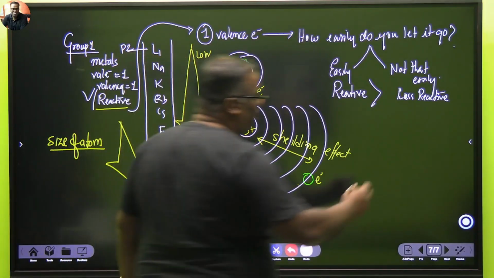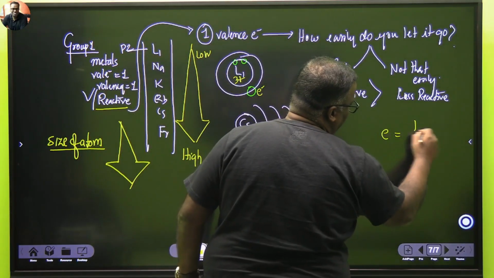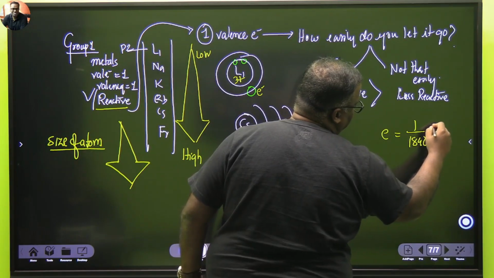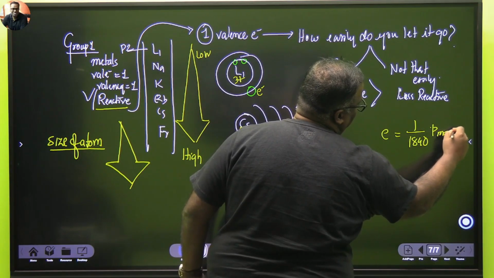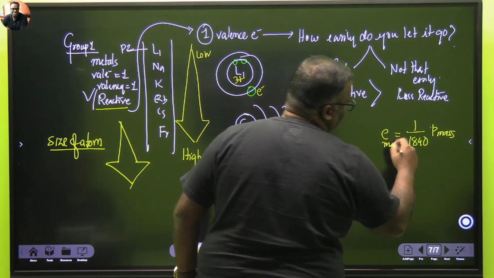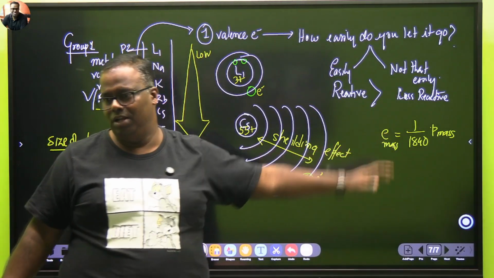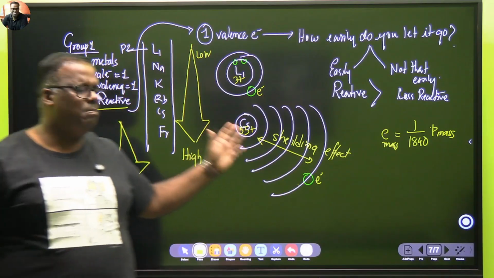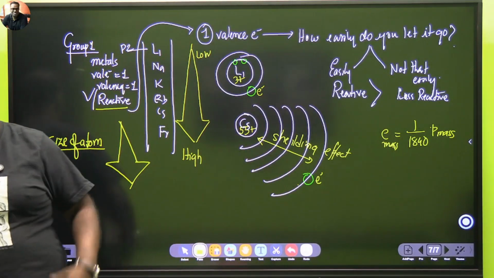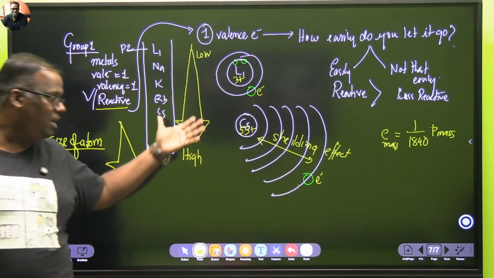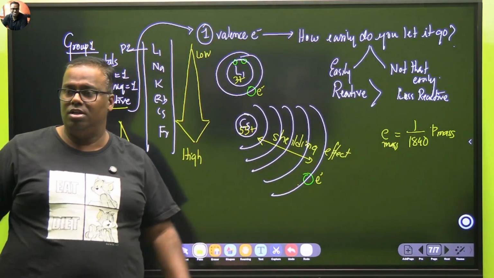And let me give you a rough idea. An electron is only 1 by 1840 times a proton's mass. Electron is nothing, it's just air. Proton is very, very heavy. Electron is almost negligible as compared to a proton. So if the mass increases, what about the density? The lower you go, the heavier it gets. So the density should increase, right?